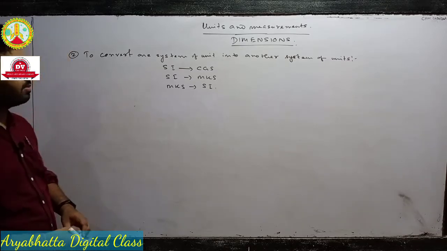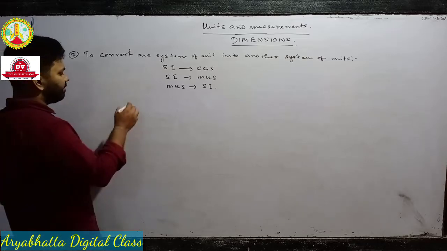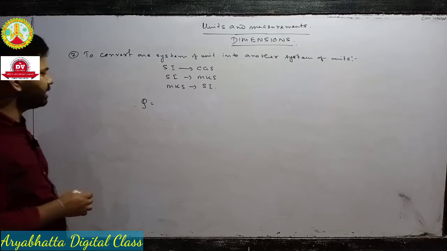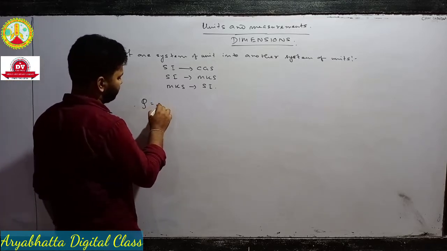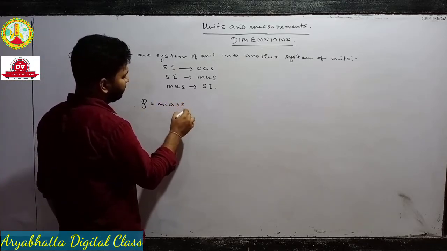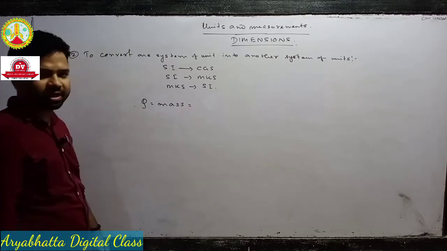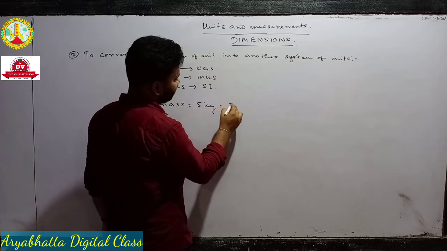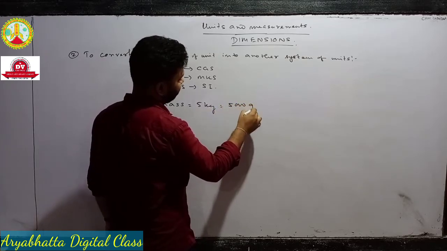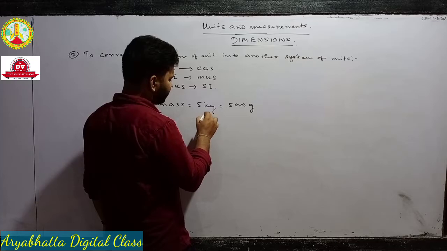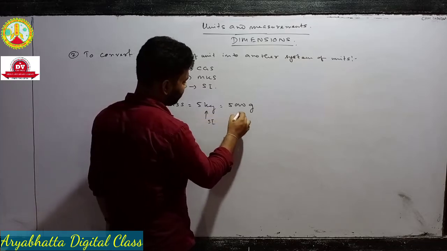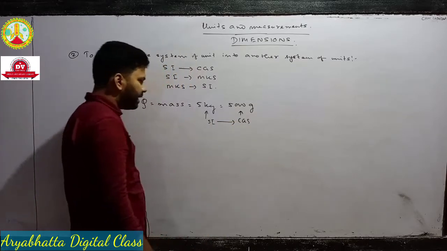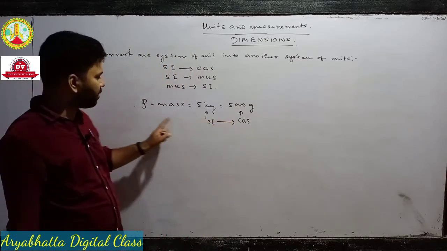So let us move back to our first class. I have given you that physical quantity, suppose the quantity here is mass. The mass of an object is equal to, suppose, 5 kg, and 5 kg can be written as 5000 gram. This is SI and this one is CGS. Okay, in both the cases the quantity is the same.